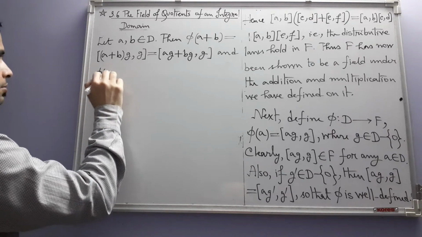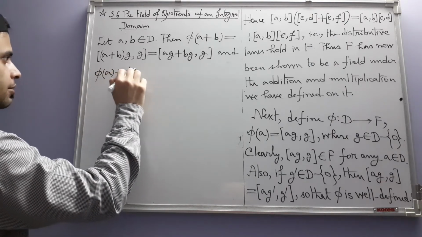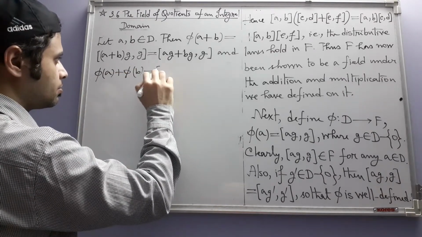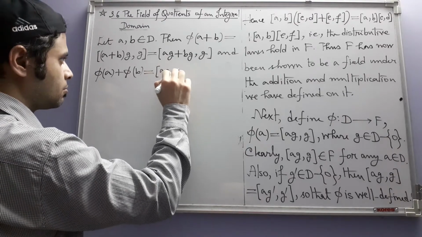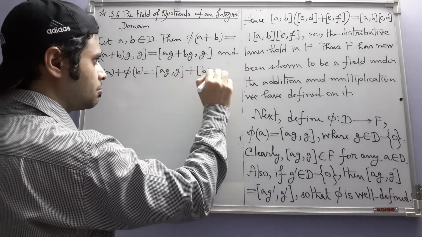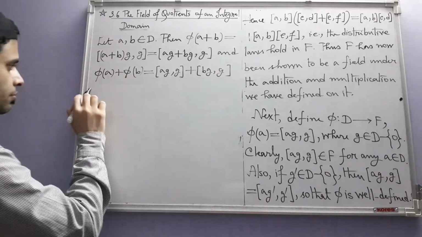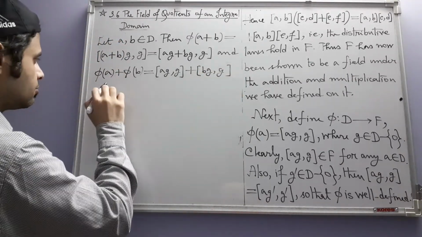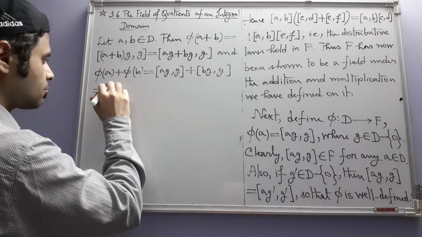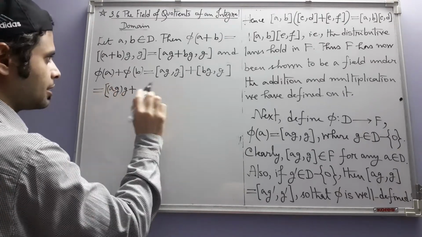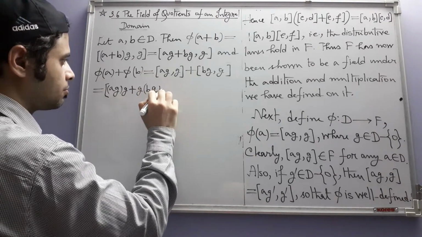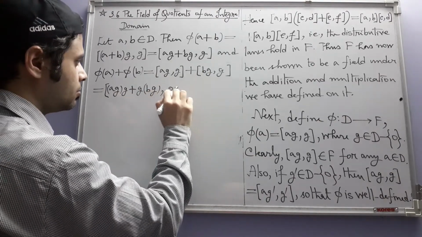What about phi of A plus phi of B? So this is equal to (AG, G) plus (BG, G), that is (GG).